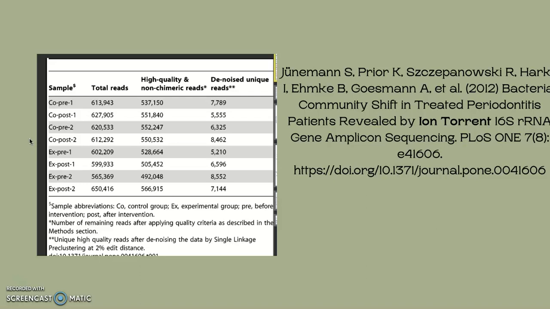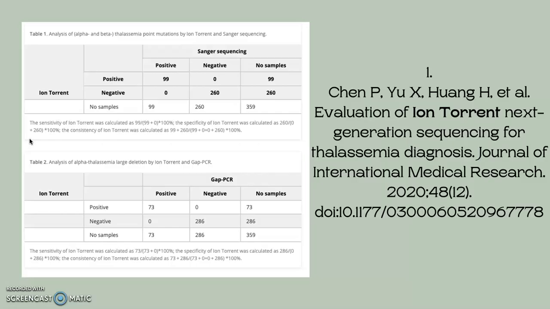to detect select pathogens. This last paper evaluated Ion Torrent for thalassemia diagnosis compared to traditional NGS methods like Sanger. This table is showing calculations of the Ion Torrent sensitivity and specificity.